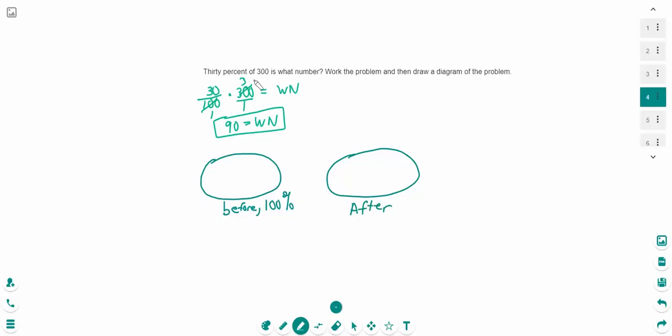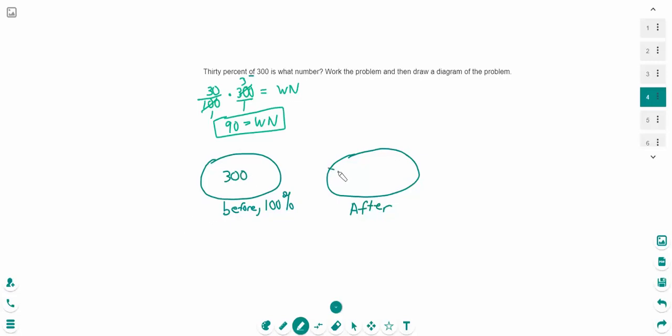Remember, we're looking for the of. So here's the of 300. And it's nice to at least mentally make sure that this makes sense. 30% of 300 is what number? So we are taking 300, that's our original number, and then we're pulling out of that 30% of it. So 300 is definitely the original number.